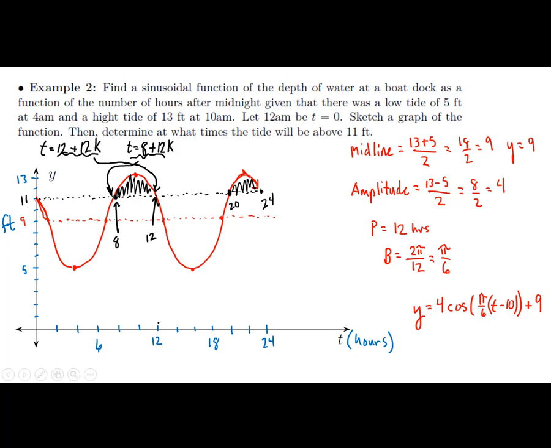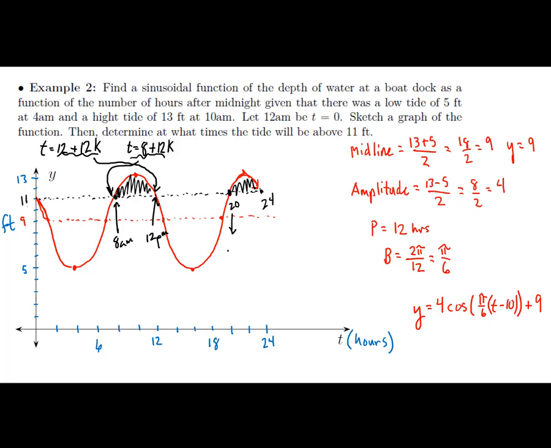So what I could say is, since t was hours since midnight, I can read this as 8 a.m. to 12 p.m., and this is not 20. So what is 20?